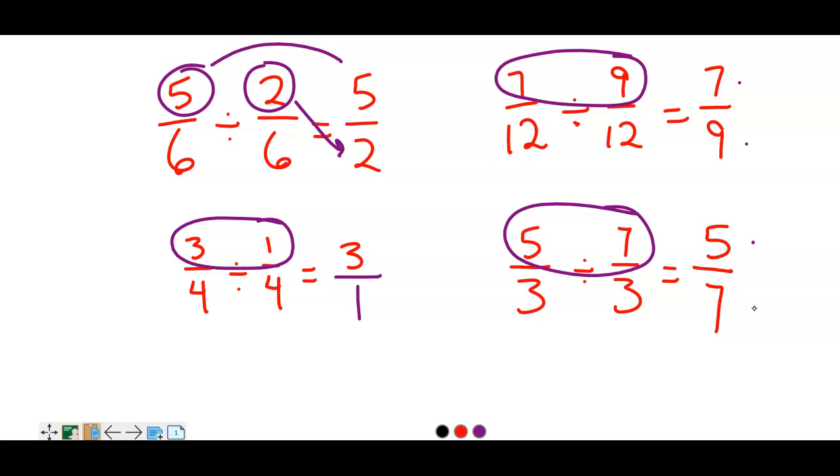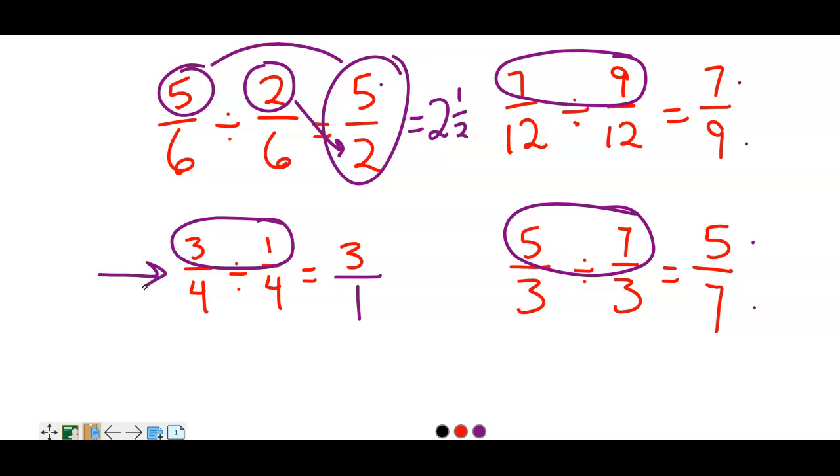So we see one strategy here. When we have common denominators, we can just divide straight across. We use the two numerators and just write them in fraction form right here. The 5 divided by the 2, or 5 over 2, which is 5 halves, which is 2 and 1/2. That's the answer to the question. 5 halves is the answer to that problem. The answer to this one down here, 3/4 divided by 1/4, is 3 over 1.